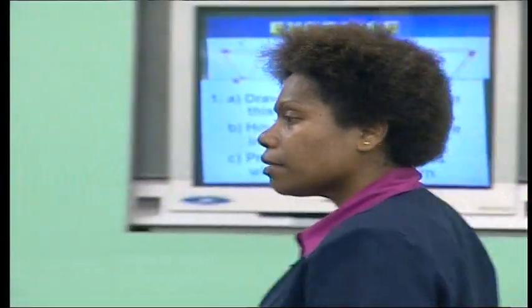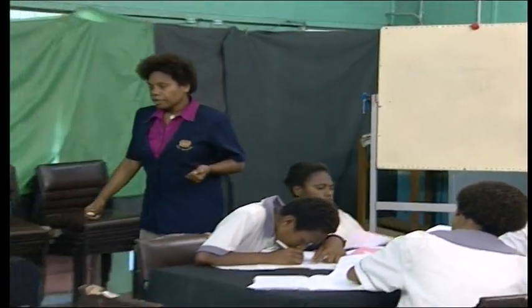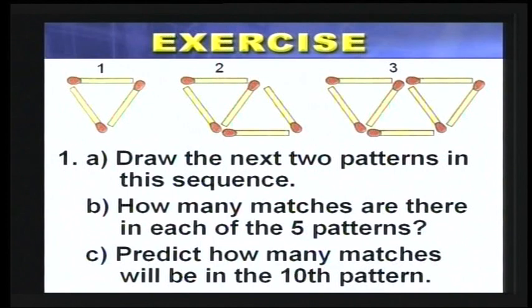Manuel, did you draw something? Okay, that's okay. All right, Donald. Okay, Donald will just show us what he drew for the two patterns.